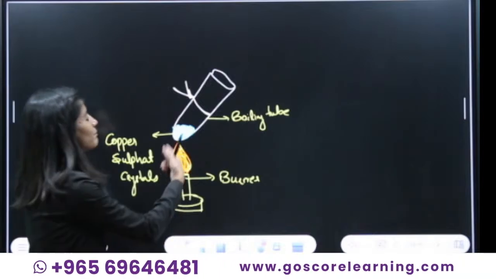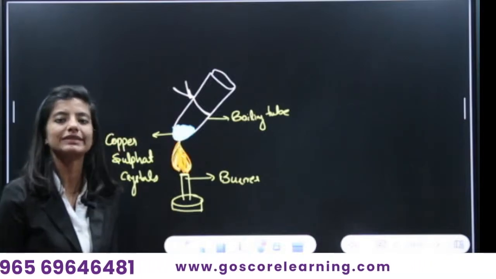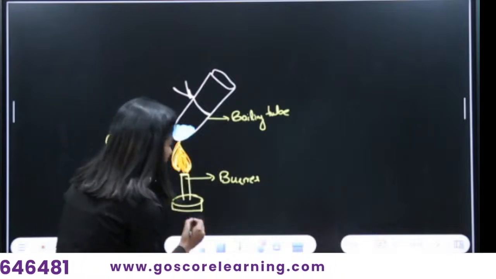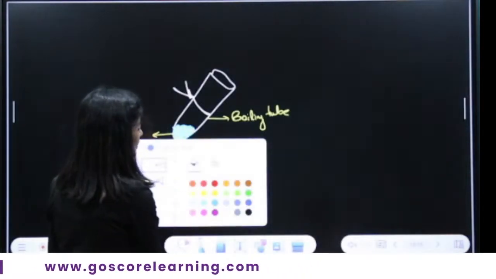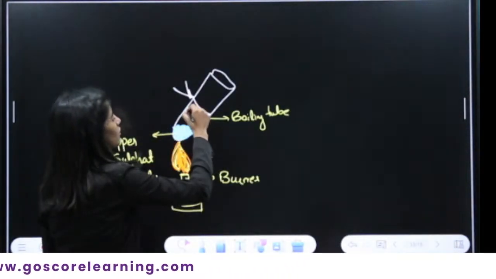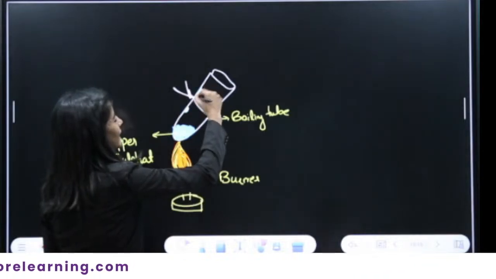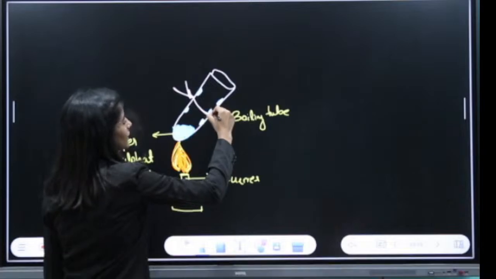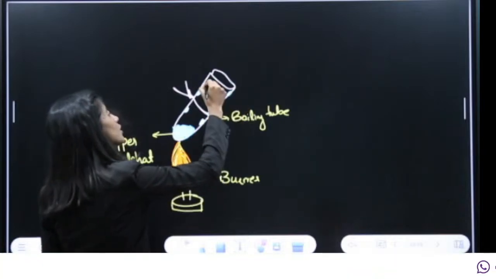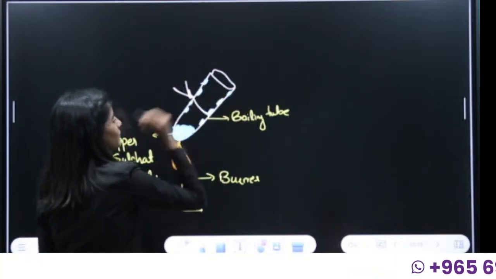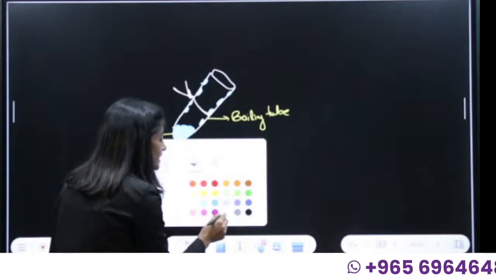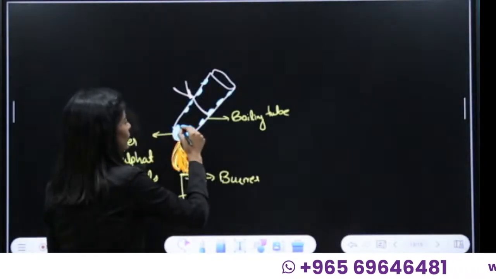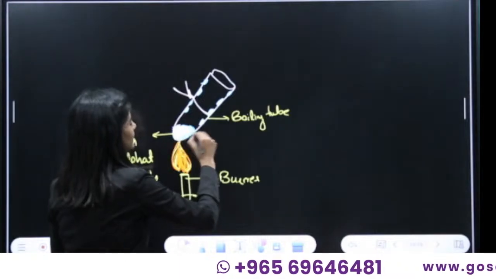Now what happens if we warm the copper sulfate crystals? If we heat it, water droplets will come and accumulate on the sides of the test tube, and the hydrated copper sulfate will turn into anhydrous copper sulfate.